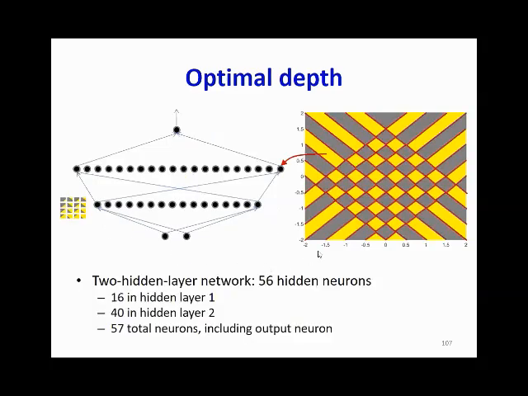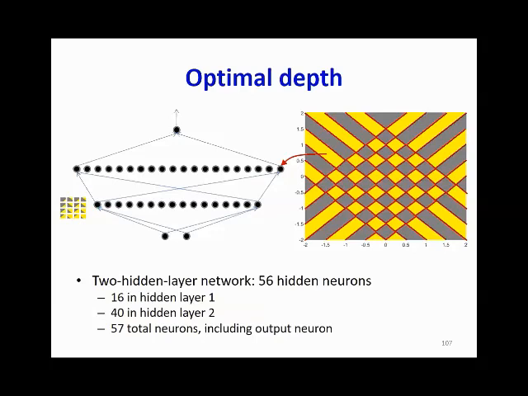And then there are 40 of these yellow regions, composed from the outputs of these line detectors. So I would need 40 neurons in the second layer, and of course the final output neuron. So the entire network requires 57 total neurons.